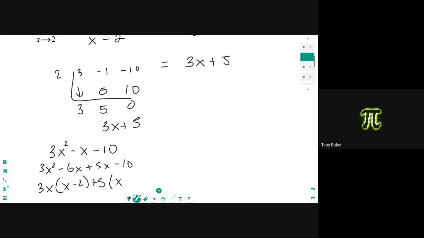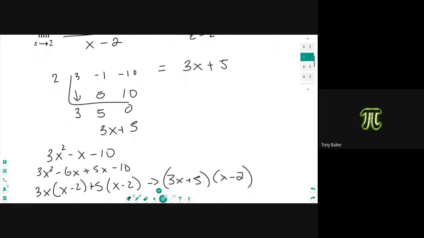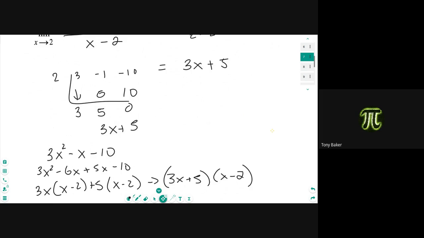Wait, my sign's wrong. So we still get the same breakdown. So they both work. We cancel the x minus 2, and you're going to get the 3x plus 5. So just different ways to go about getting the same answer. And then we plug back in the 2 to this, and you get 11. So the limit is going to 11.